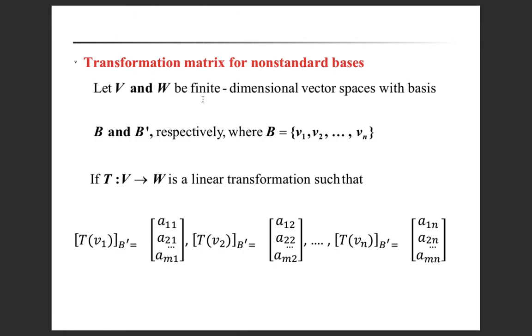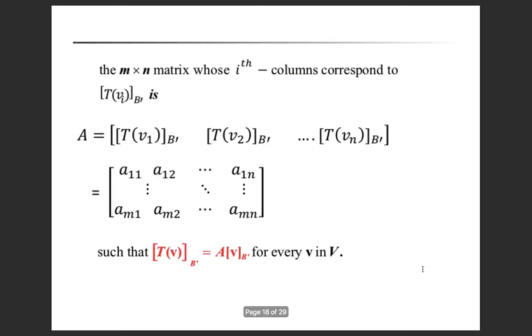Let V and W be finite dimensional vector spaces with bases B and B dash respectively, where B is this. Then if T is a transformation from V to W, then [T(v1)]B dash is equal to a11, a21, ..., am1. [T(v2)]B dash is equal to a12, a22, ..., am2. [T(vn)]B dash is equal to a1n, a2n, ..., amn. The m by n matrix whose ith column corresponds to [T(vi)]B dash is A equal to [T(v1)]B dash, [T(v2)]B dash, ..., [T(vn)]B dash.